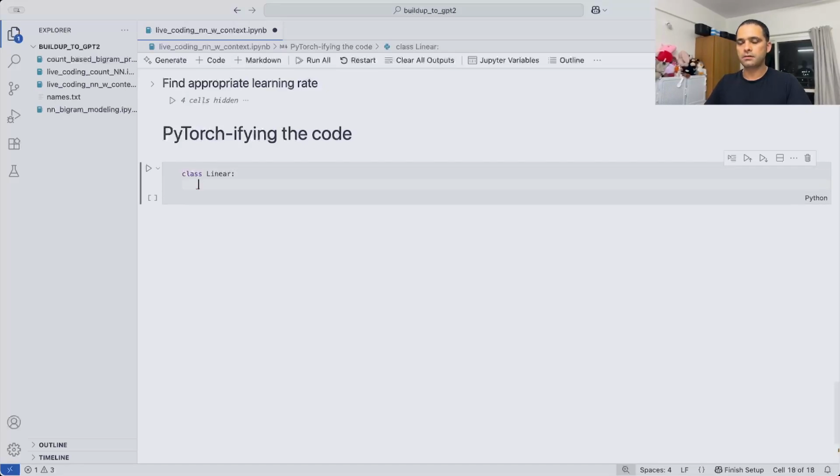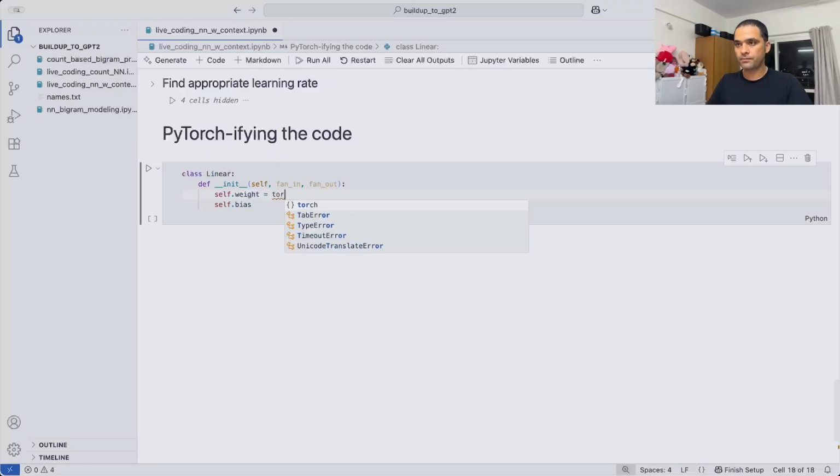Class Linear. We need self.weight and self.bias for this, depending upon fan in and fan out, which is PyTorch terminology. Fan in is the number of input features that are coming in, and fan out is the number of neurons, or how many outputs will be given.